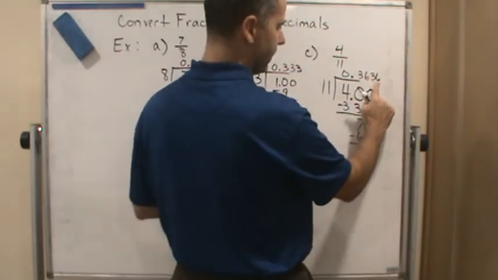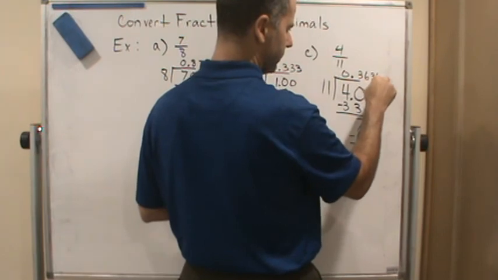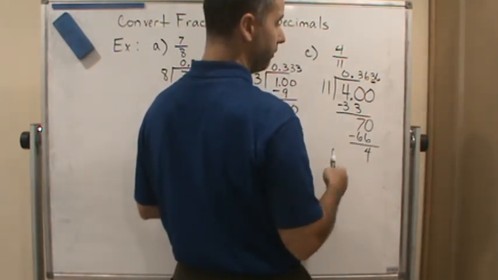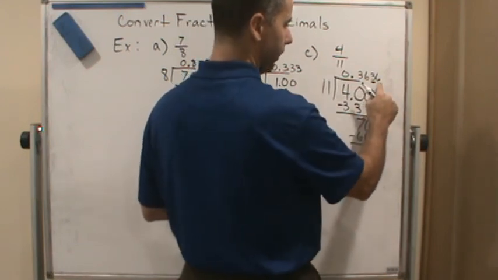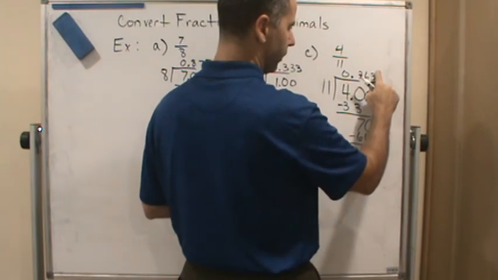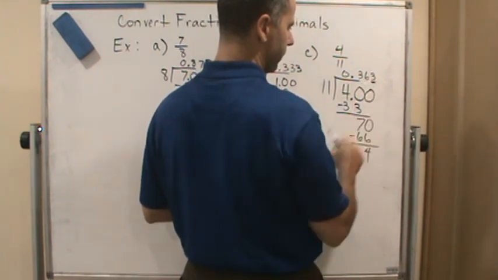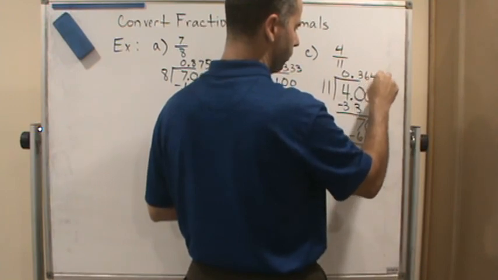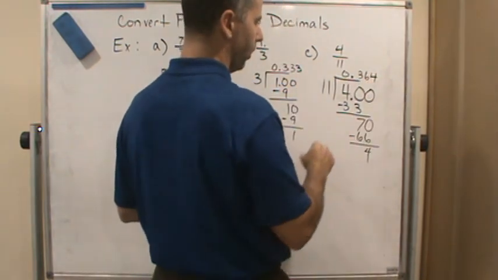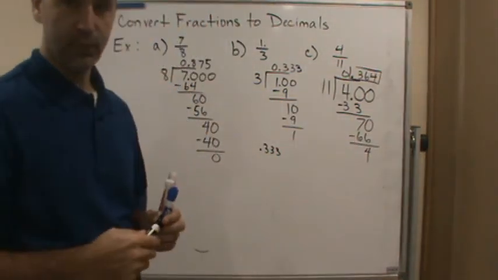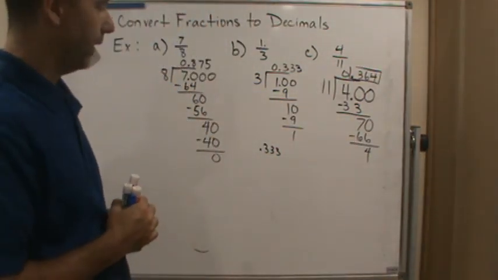Since the digit to the right is 5 or bigger, we're going to take the 3 and raise it up by 1, and get rid of the 6. We drop everything to the right. And so this is rounded to 0.364, and that is the approximate equivalent decimal. And that's how you do it.